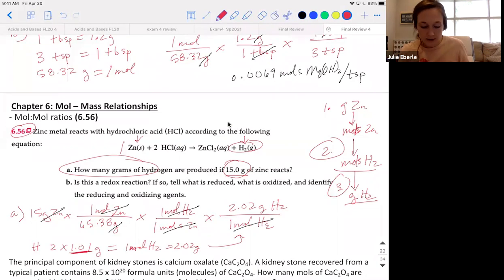15 divided by 65.38 times 1 divided by 1 times 2.02.